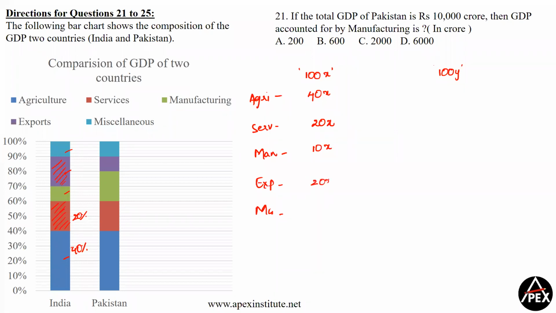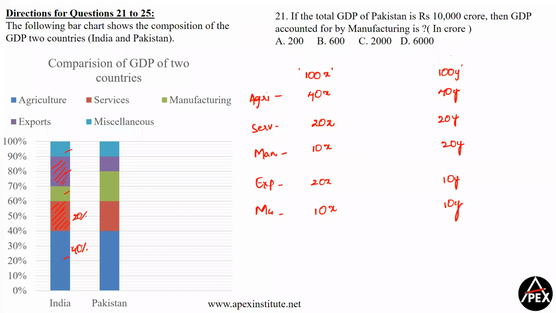Sorry, 20%, so 20x. And miscellaneous, 10x. And for Pakistan, for agriculture, it is 40%, so 40y, then 20y, then 20y, then 10y, and 10y. So the only difference is in exports and manufacturing. So rest everything are same.